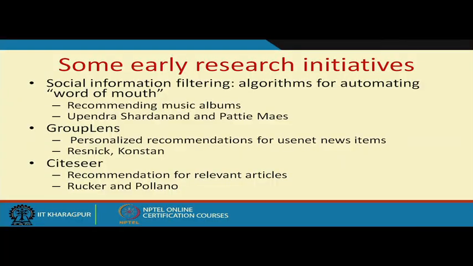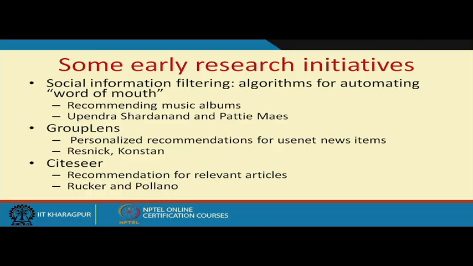This particular paper on automating word of mouth was designed to recommend music albums. Then there were other initiatives for providing news items, that was from GroupLens, another research group.